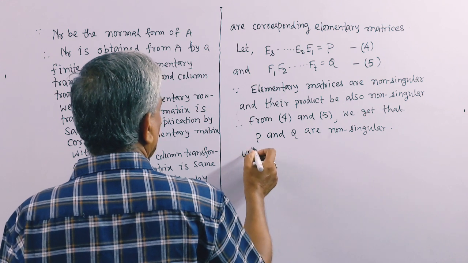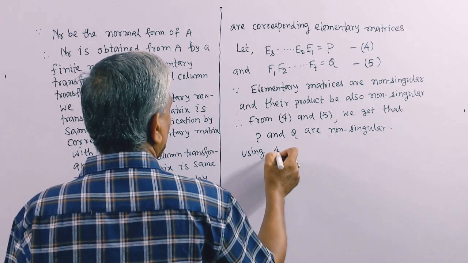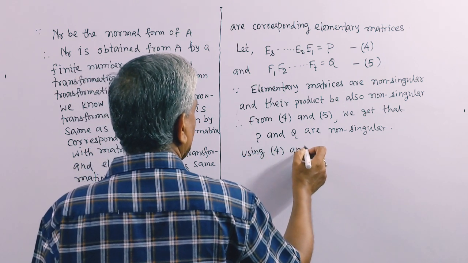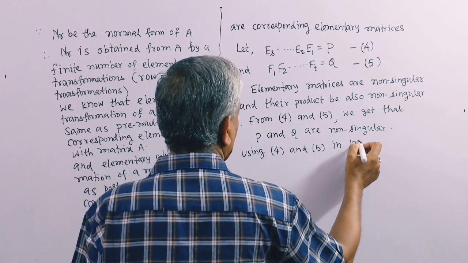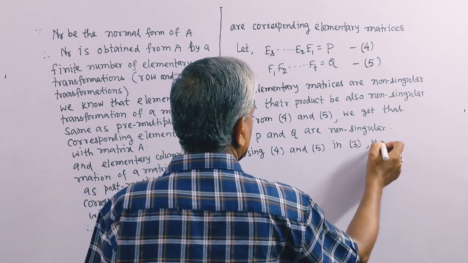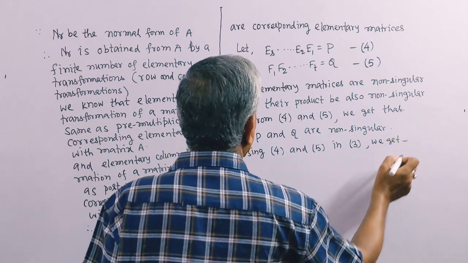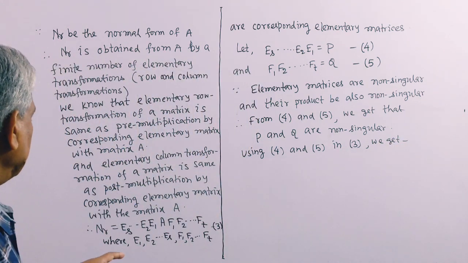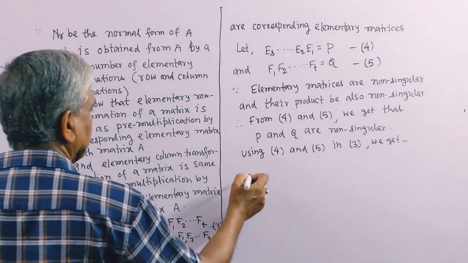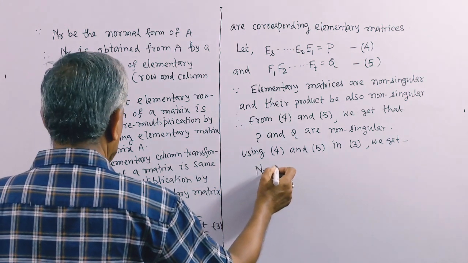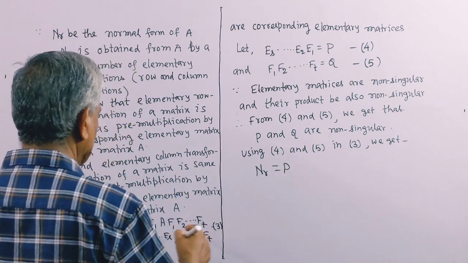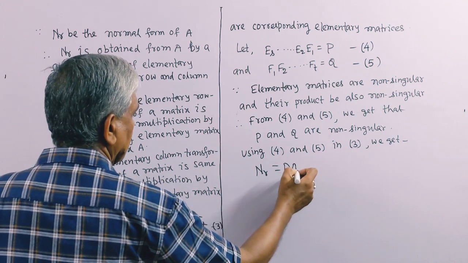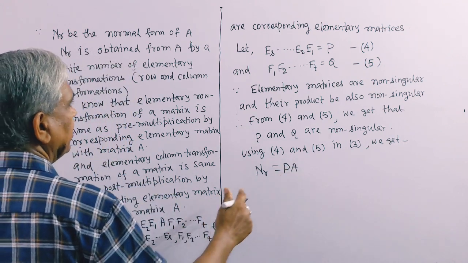Using 4 and 5 in 3, we get here our left side Nr equal to P A Q on the right side.